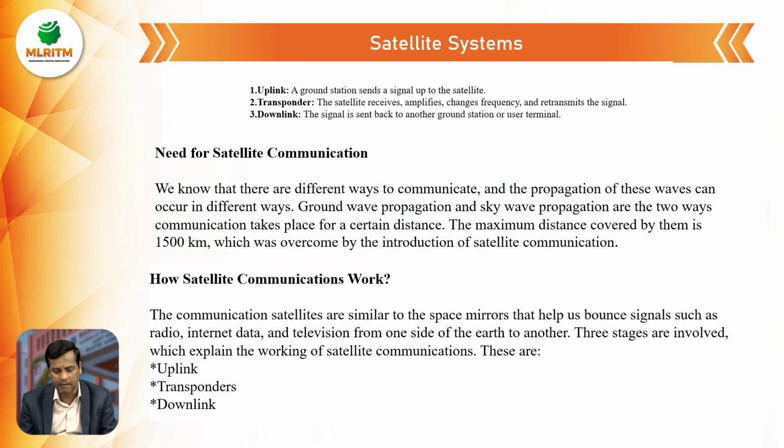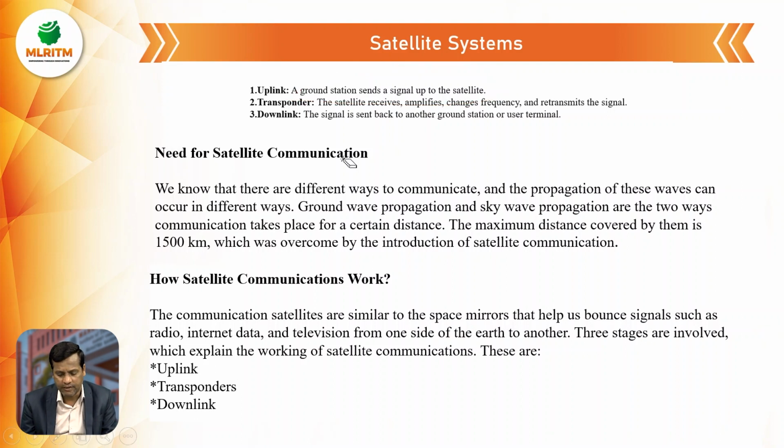Next comes the uplink. What is uplink? What is transponder? And what is downlink? Uplink means a ground station sends a signal up to the satellite, and then it goes to the transponder.